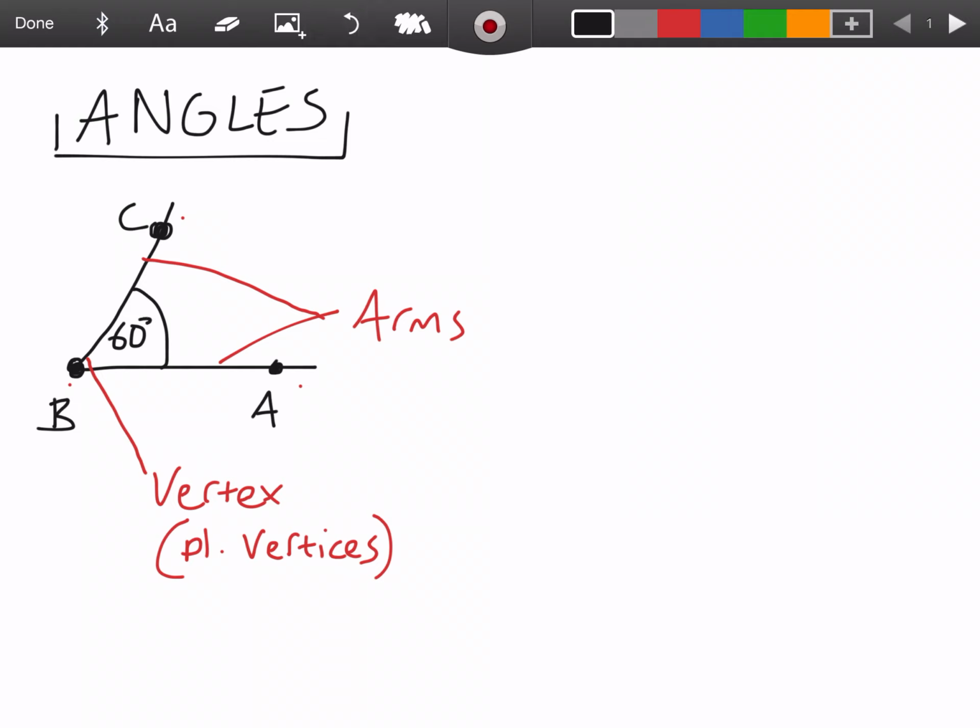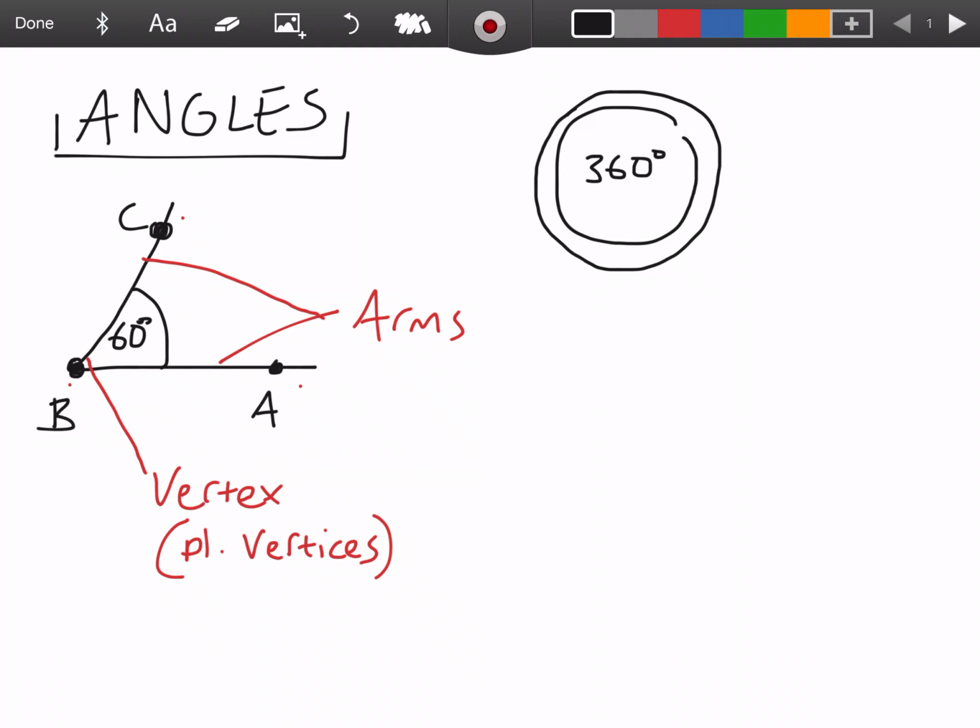It's all based around a circle, if we're talking about rotation. And we know that a full circle would have 360 degrees of rotation. So one full spin from its start point back to its original position would be 360 degrees.